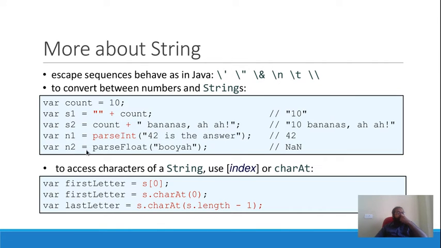Then var n2 is equal to parseFloat of "booyah". Booyah is a string which doesn't make any sense, as in, it is not a number. We really don't know what booyah is in any number representation, so the answer is NaN, not a number.